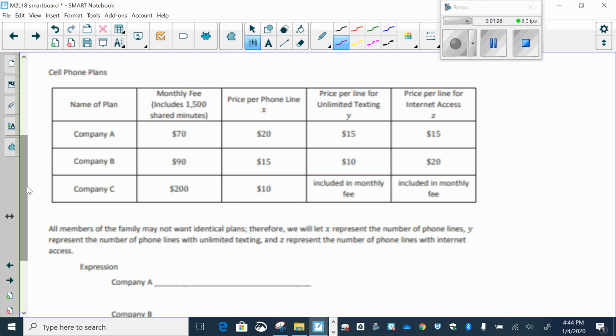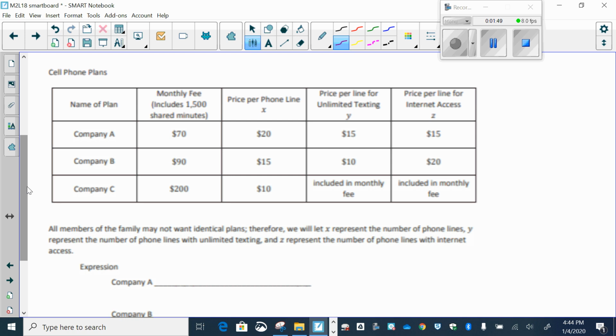Then the price per line for unlimited texting. Maybe not everybody wants texting. Maybe they just want the old-fashioned talk on the phone. But for every phone that wants texting, you're going to be charged a fee. And then, not everybody wants smartphones. So for each phone that has internet access, you're charged an additional fee.